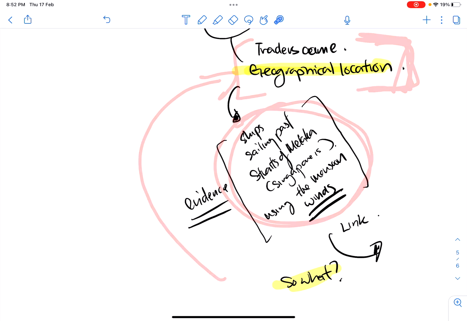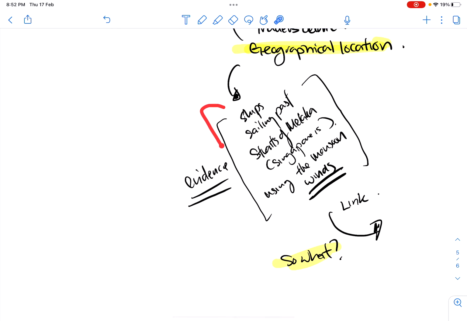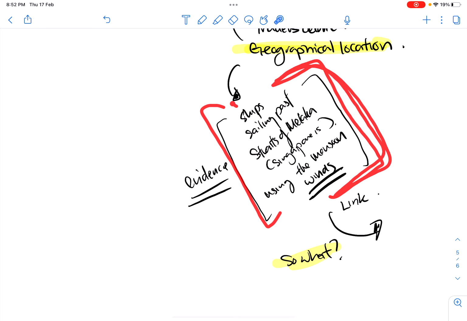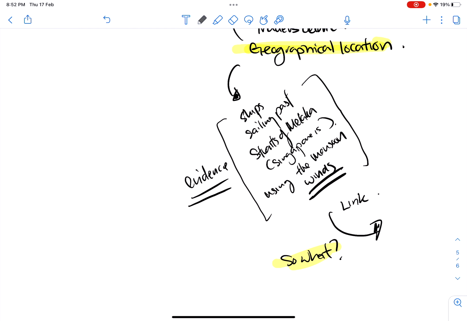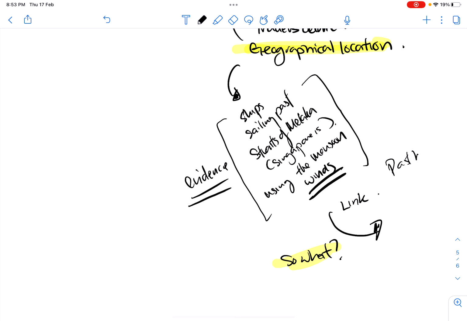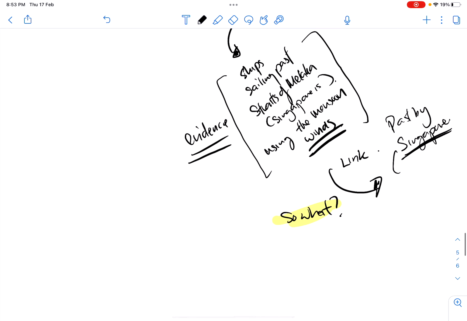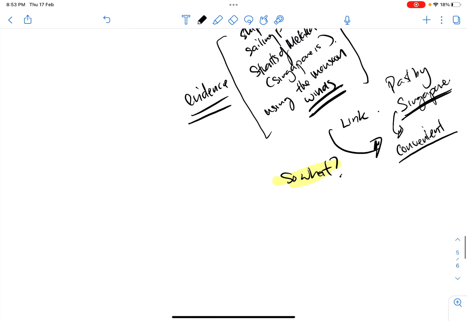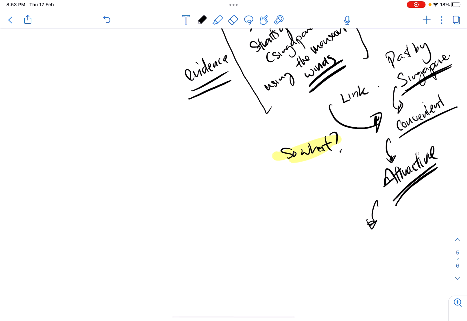Okay, so you will say something like this: because they use the monsoon winds to sail to different places, this implies that they would pass by Singapore. Naturally, they would pass by Singapore, and as such, you can say that Singapore's location is actually very convenient. And because it's convenient, it makes Singapore an attractive place for traders to do business. Yes, to make profits, to rest, and to trade.